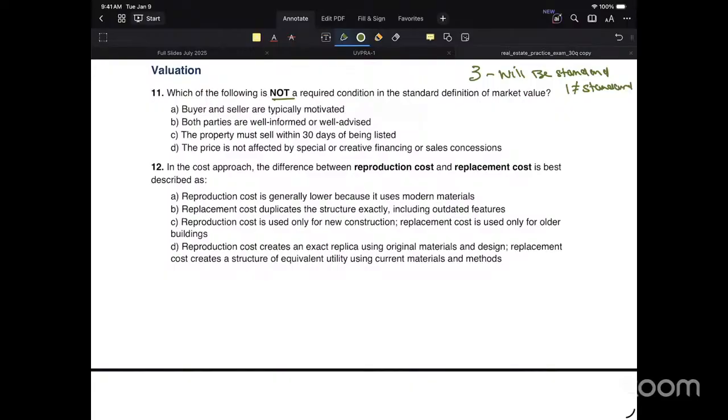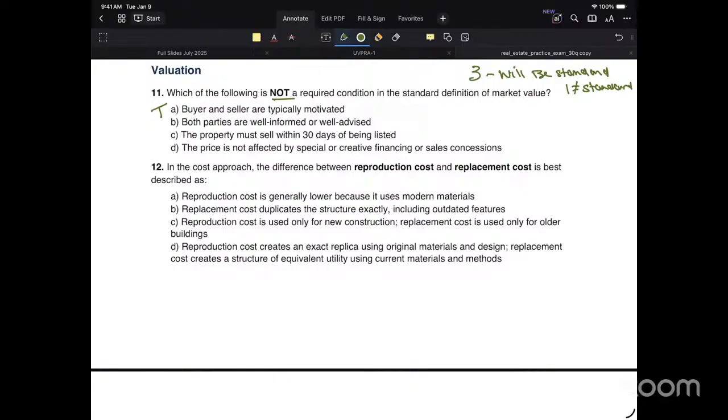A: the buyer and seller are typically motivated. Is that a true statement in market value? What do we mean by market value? Well, that's the price an appraiser thinks somebody would be willing to pay for something. So yeah, I think the buyer and seller would be typically motivated. That's a true statement.